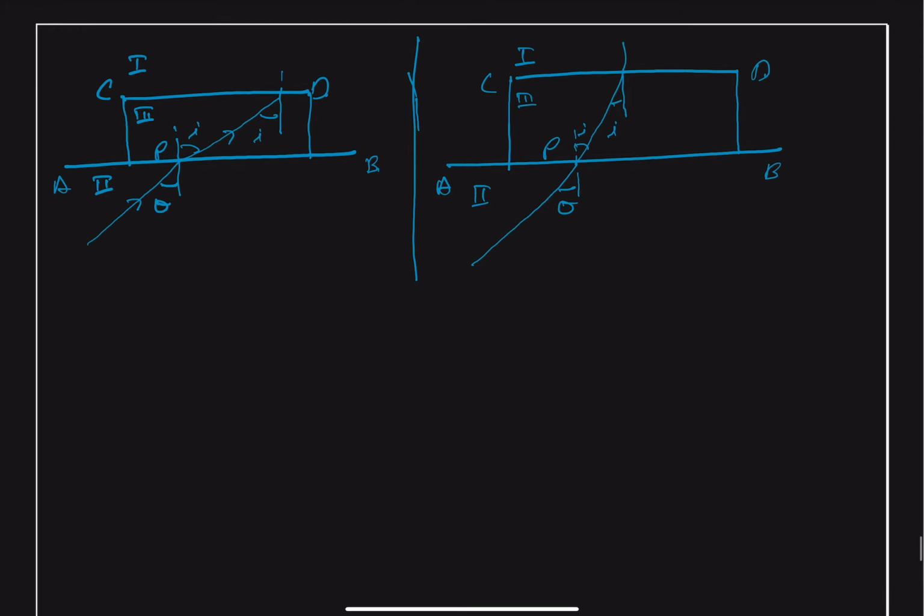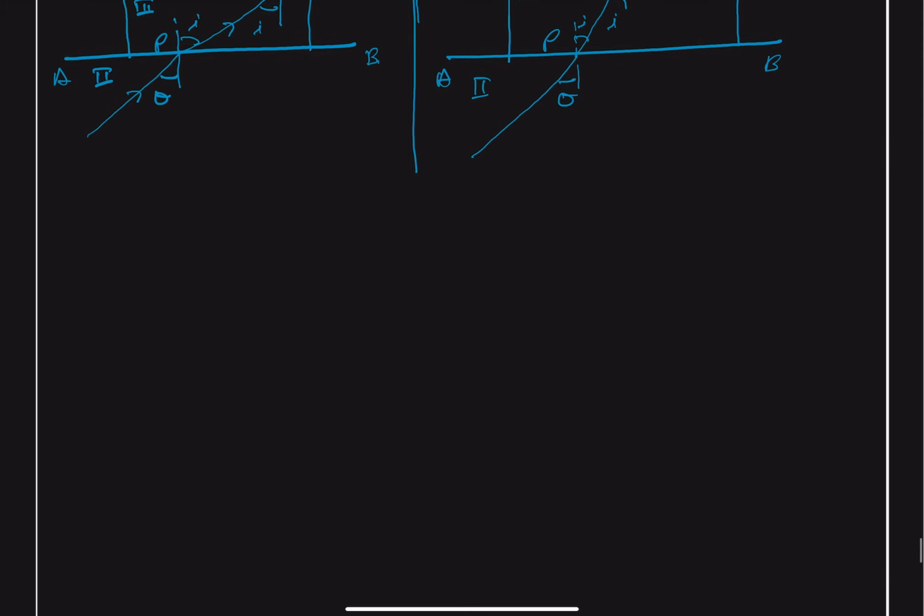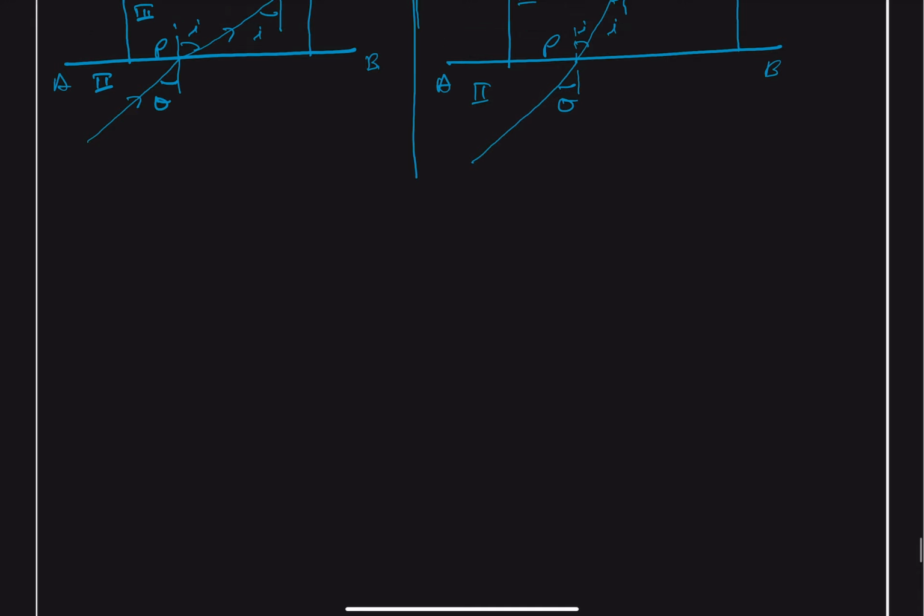Now if we combine both these figures, we can just draw a rough approximation of the combination because of the total internal reflection, especially at the slab.